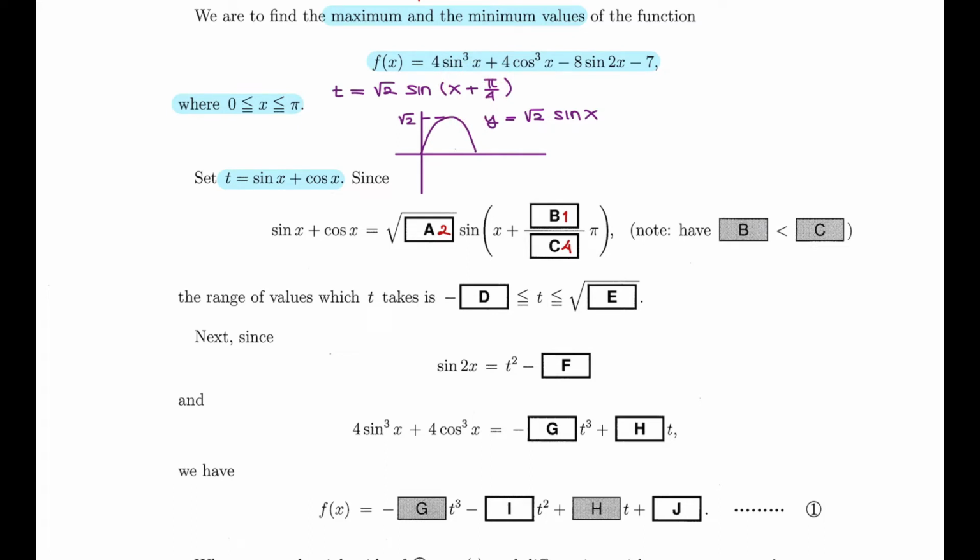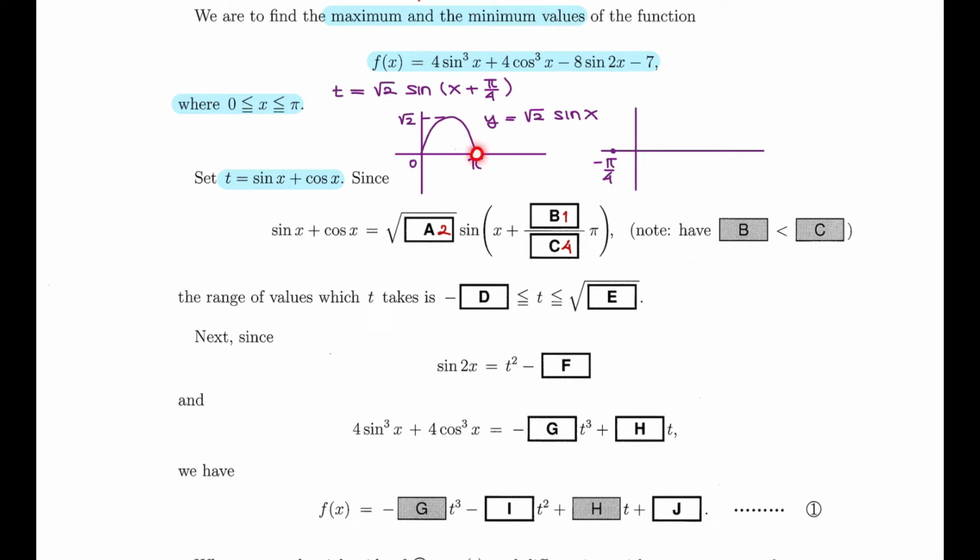It should be something like this. This is 0, this is pi. If we translate it to the left by pi over 4 units, this becomes negative pi over 4.